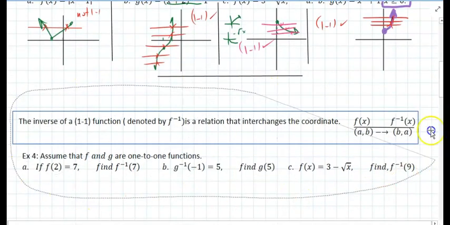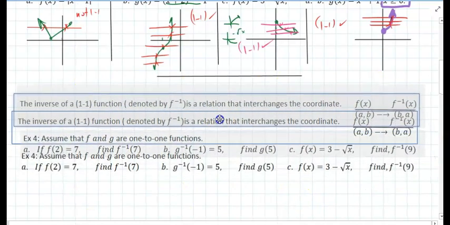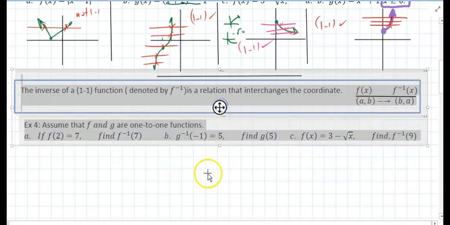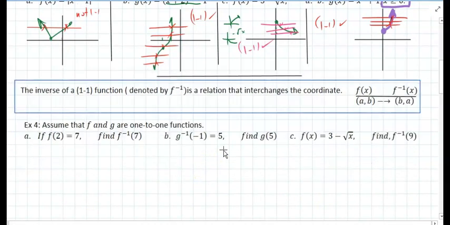Now we get to the second portion of this lesson, and that's really what we're going after, an inverse. Now, an inverse is not opposite. An inverse is undoing your steps. Big difference. So this book ties the inverse to a 1-to-1 function. Other books don't, but the majority of the books do. The inverse of a 1-to-1 function.